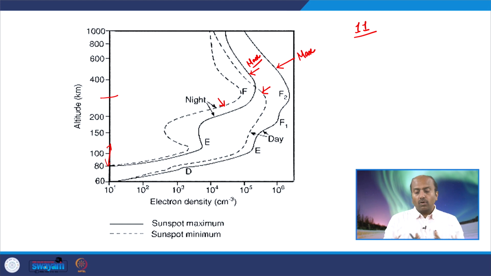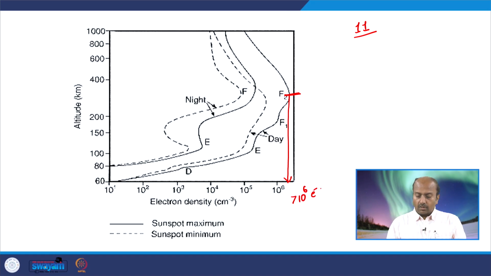So, even if you go from sunspot maximum to sunspot minimum, the number of electrons, you see these two values are not the same. For example, take the altitude of peak electron density, which is the peak of F2. Here if you draw an intercept onto the x axis, it is somewhat greater than 10 to the power of 6 electrons per centimeter cube.